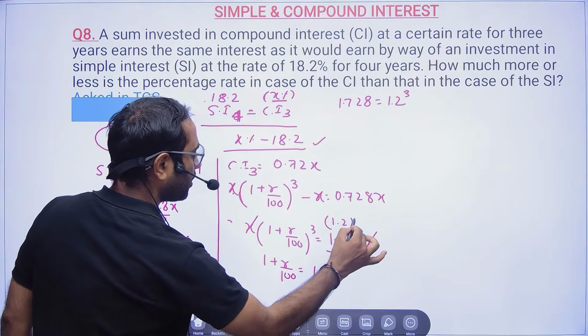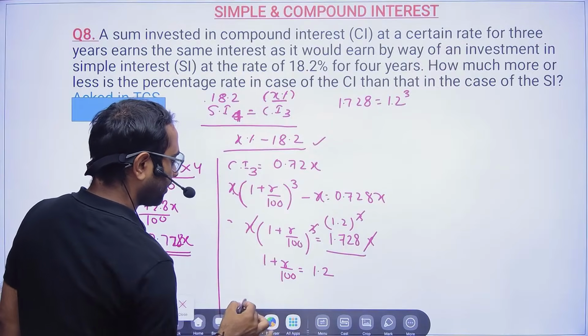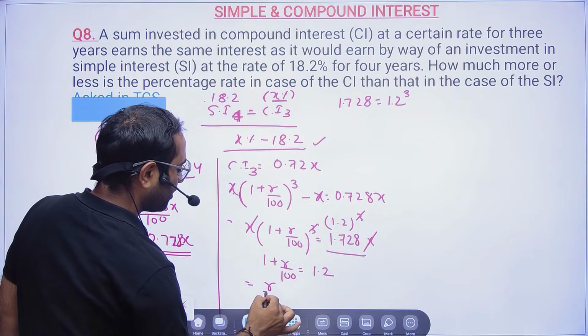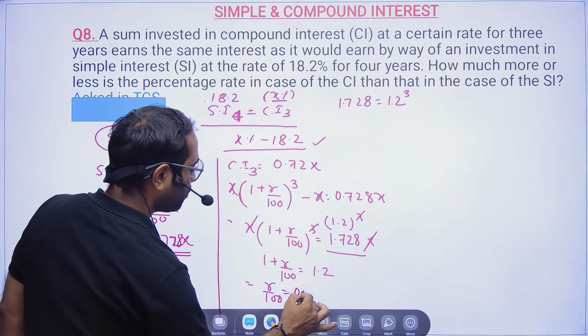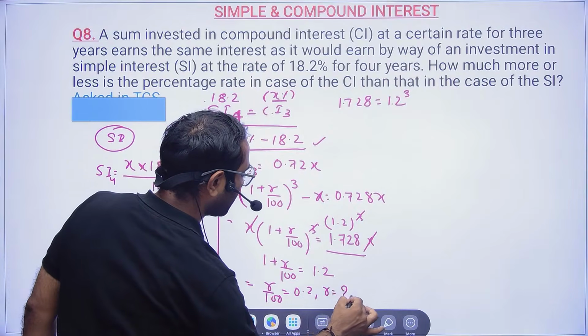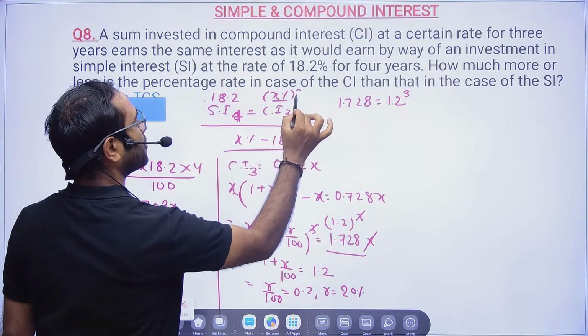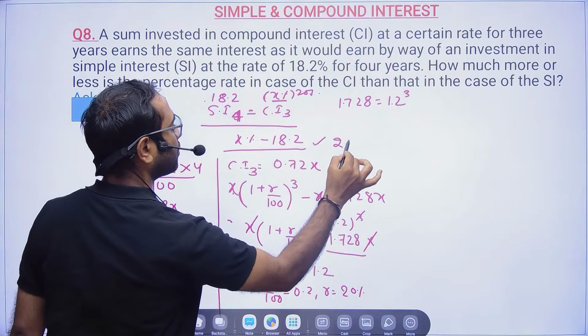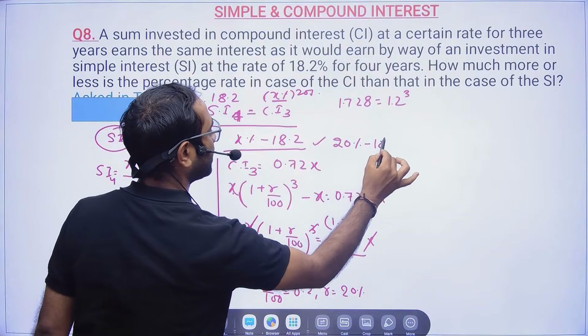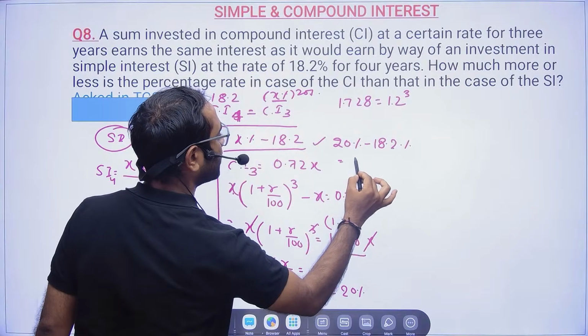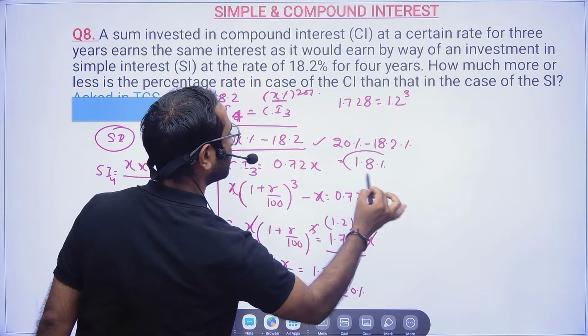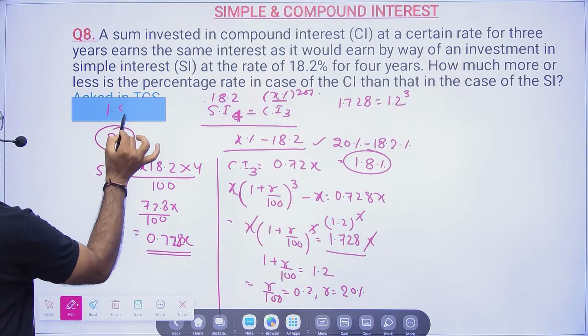Here also the cube will get cancelled. So R by 100 will be equal to 0.2, so R will be equal to 20%. So 20% is your compound interest rate. Now what I have to calculate? 20% minus 18.2%, it will be nothing but 1.8%. So here you have to fill the data 1.8%.